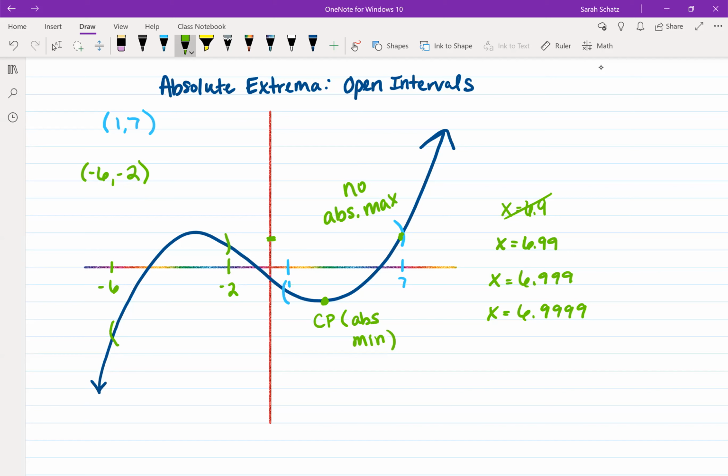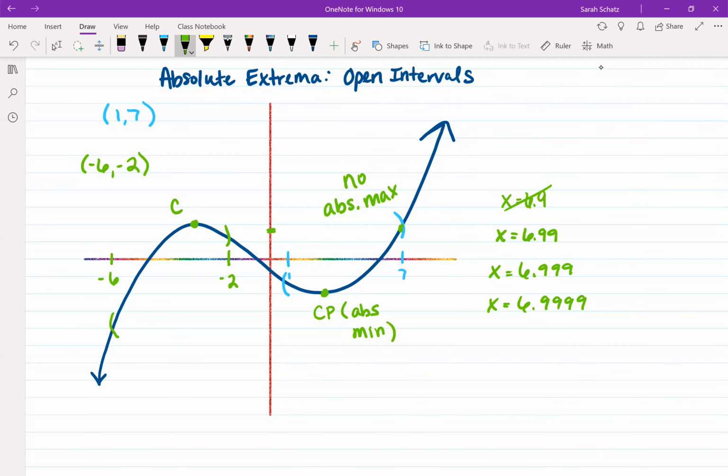So on this interval, there is a high point. There is an absolute highest point in this interval because I can see it right here. It's the highest it goes, and then it goes back down. This, again, is occurring at a critical point, and this time, this is the max. But if I asked you for a minimum, that's going to be a problem because the lowest point in the interval is actually this open end.